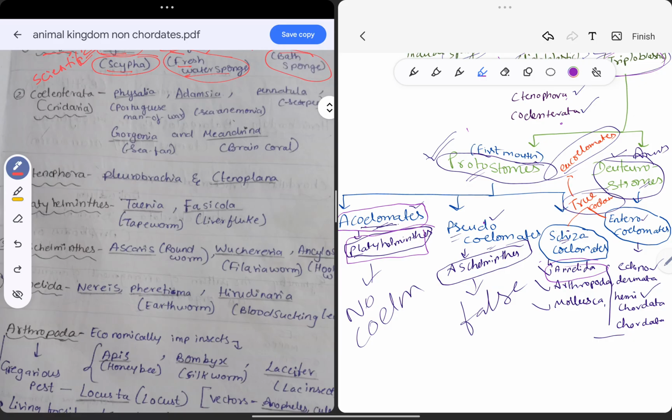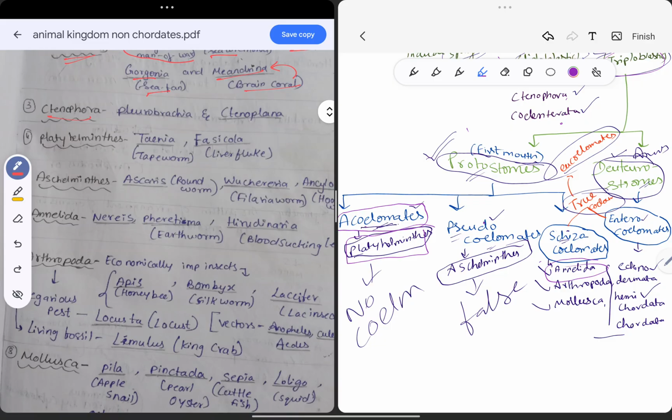In Coelenterata, which is also known as Cnidaria, you have Physalia, Adamsia, Pennatula, Gorgonia and Meandrina. The common names are Portuguese man of war, sea anemone, sea pen, sea fan and brain coral for Meandrina.